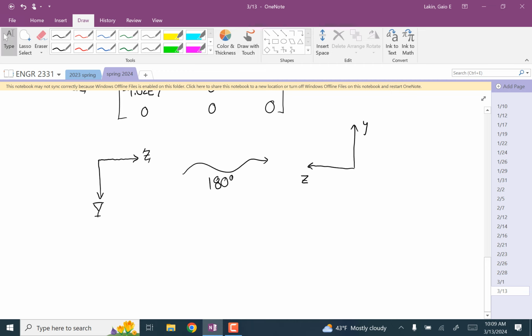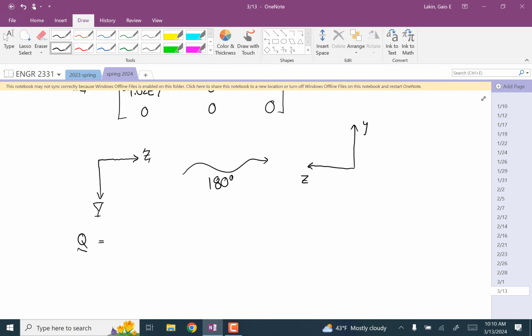So our rotation matrix is cosine of 180, sine of 180, 0. Whoops. Be careful, don't do what I did.